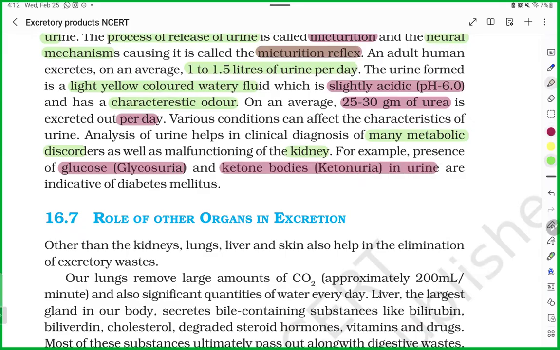And if both are present, it is the indication that we have diabetes because of diabetes mellitus. This is mostly either an increase in glucagon or a decrease in insulin. An increase in glucagon or a decrease in insulin is responsible for diabetes mellitus. And in this case, we have glucose in urine and ketone bodies in urine.